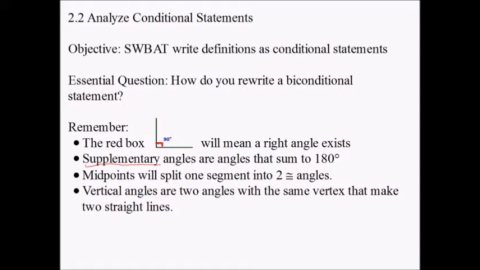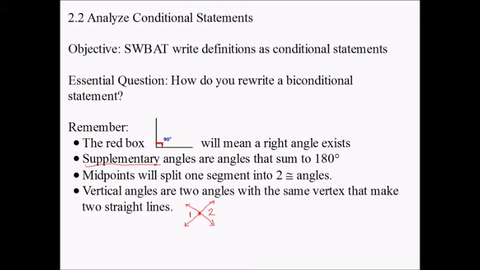And finally, vertical angles are two angles with the same vertex that make two straight lines. Okay, so vertical angles look a little something like this. Here's one angle, here's the other angle, and they both share the same point. Cool? Do you have any questions so far?